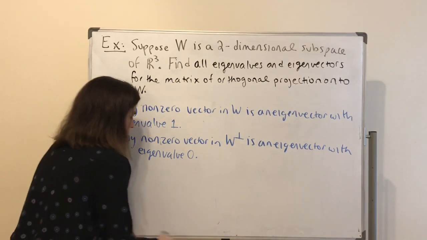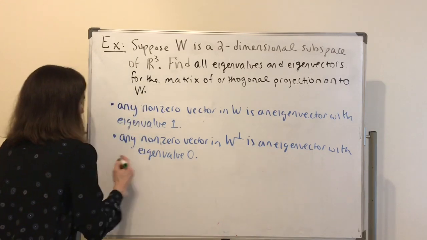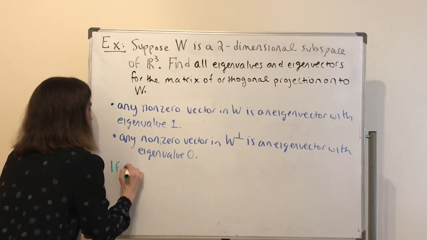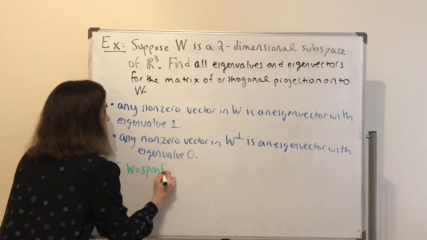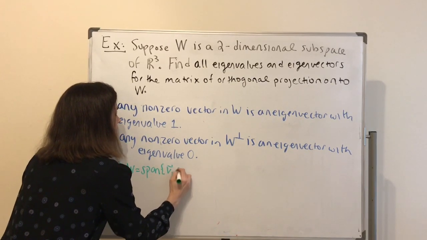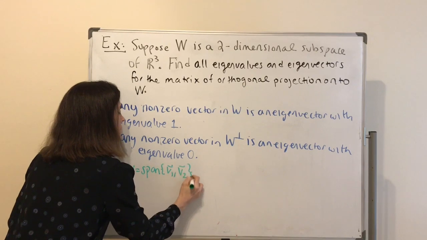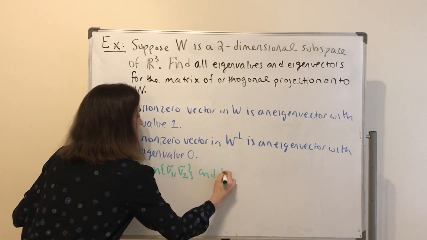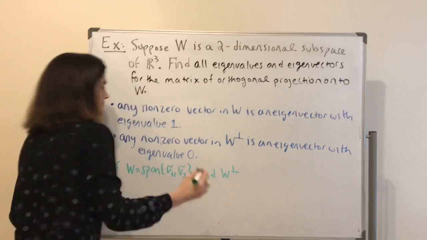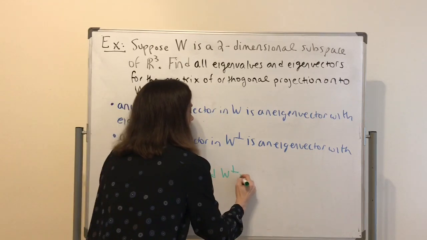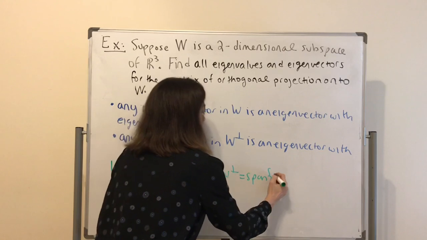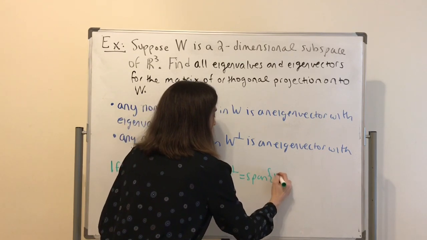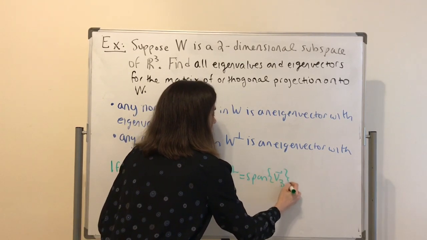So maybe I will do this in green, is that if W is the span of, say, V1, V2, and this W perp, orthogonal complement, is the span of, let's say, V3, okay?